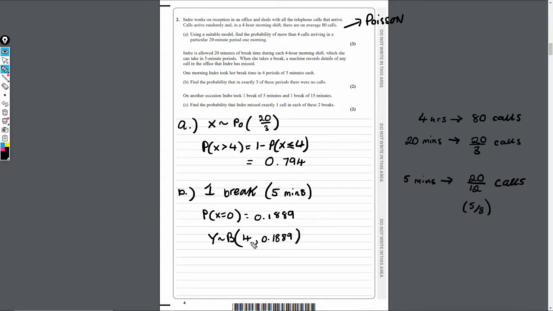Okay. And we want to know the probability in exactly 3 of these periods. So I'm working out the probability that Y is equal to 3. Plugging this in your calculator again, you'll get 0.0219, to 3 significant figures. And there we have it. That's part B. So I'll just quickly clear all this.